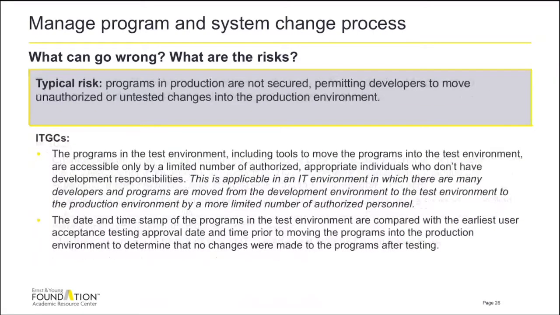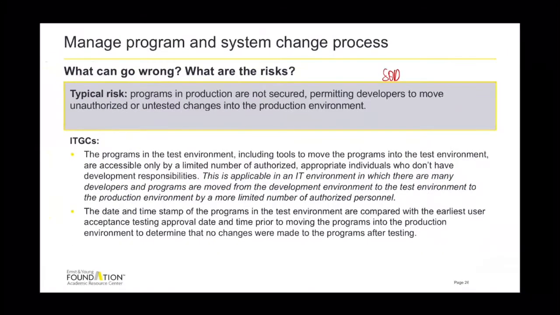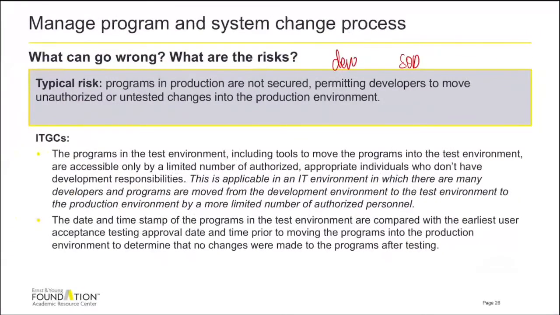So programs in production are not secured, permitting developers to move unauthorized or untested changes into the production environment. In this situation, usually a key segregation of duties is that the developers are separate from those who can. We call them change managers.